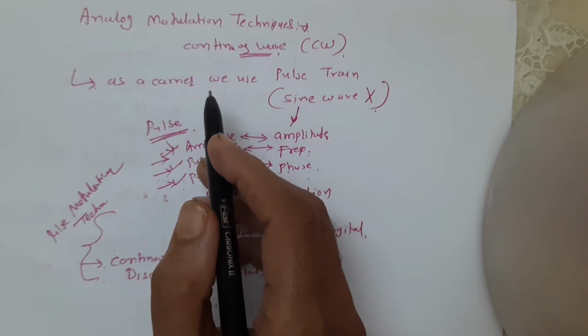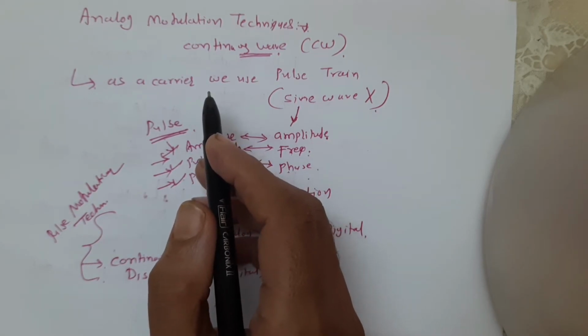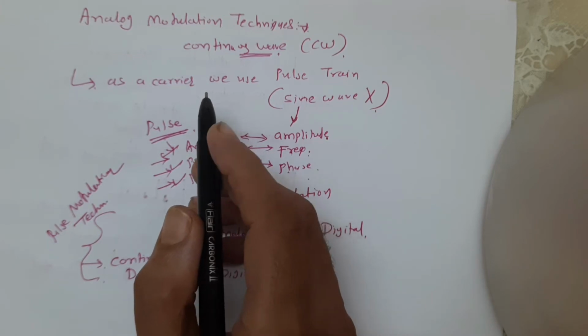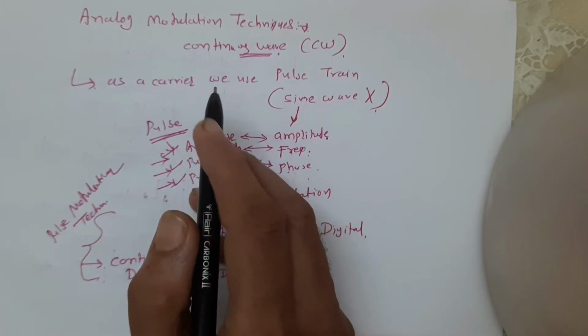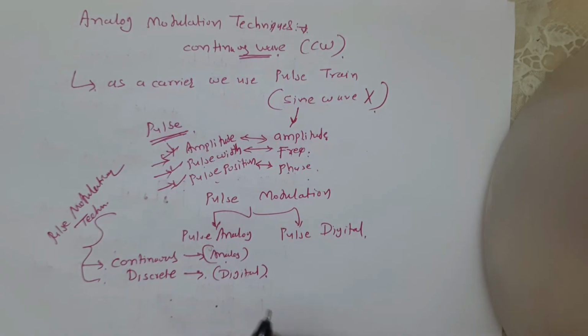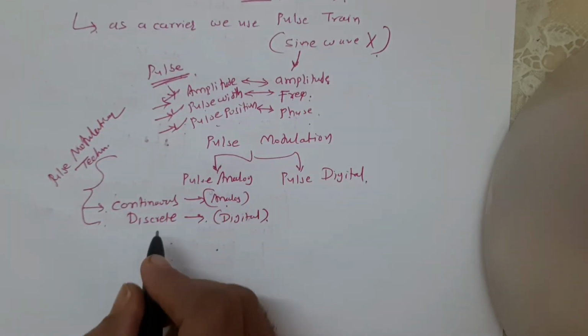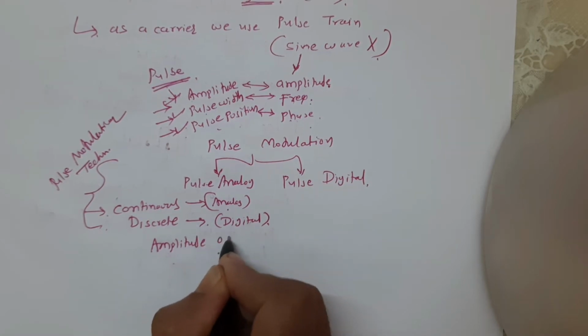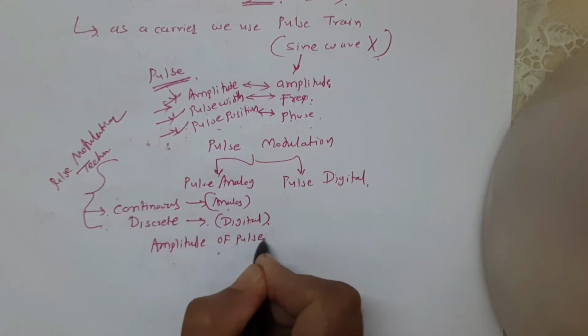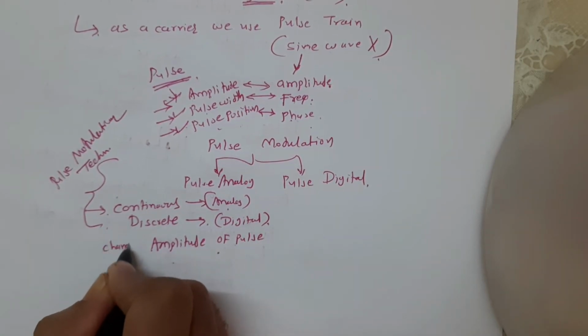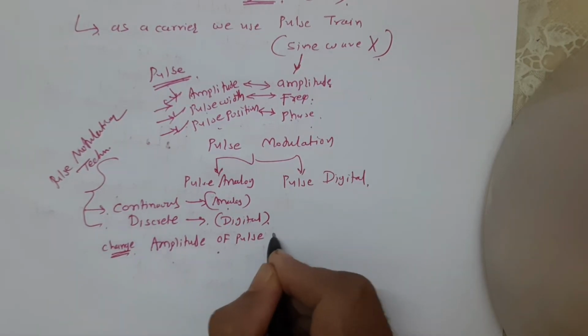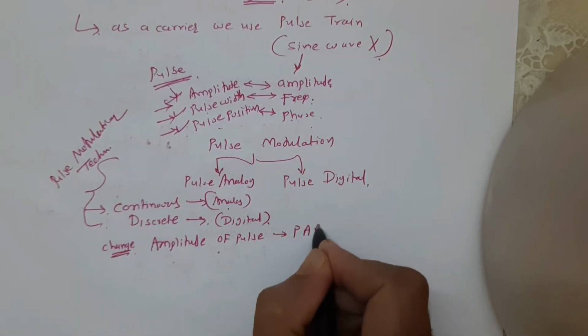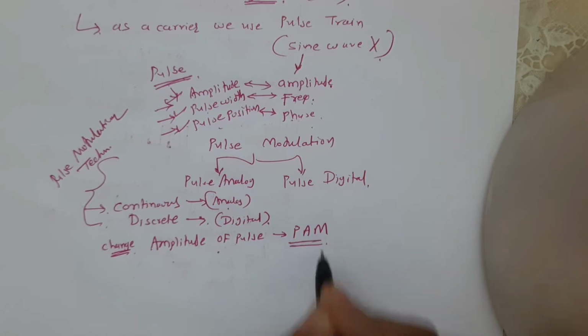If the amplitude of the pulse is made proportional to the message, then it is termed as pulse amplitude modulation, PAM.